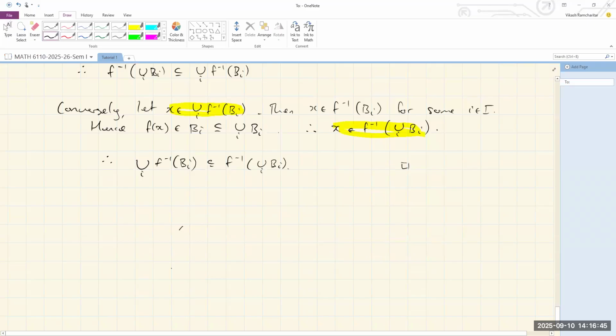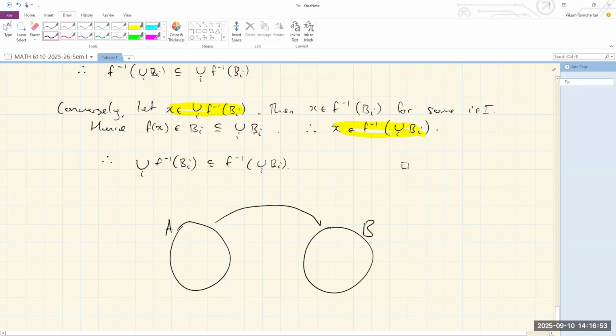What you need to keep in mind is that if here is A and this is B and f does something like this, and this is a set A_i, if you take all the elements in A_i and apply f to this set, it takes it to a subset of B. This subset is what we call the image of A_i, and we write it as f of A_i.